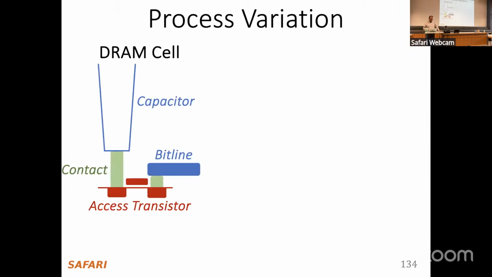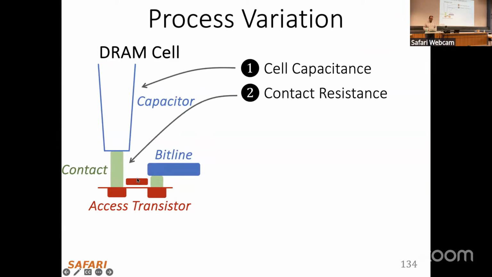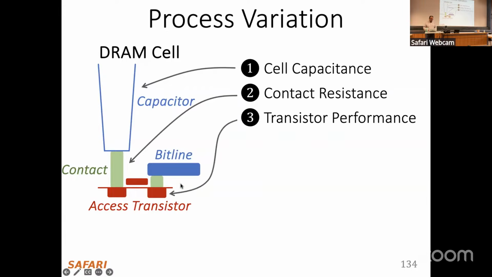And in process variation, also, if you think about the DRAM cell, this picture is more real, the way manufacturers build DRAM cells. You have a DRAM cell, and then you have this contact. You can have variation in all of these. Cell capacitance can be different, contact resistance can be different, and transistor performance can also be different.